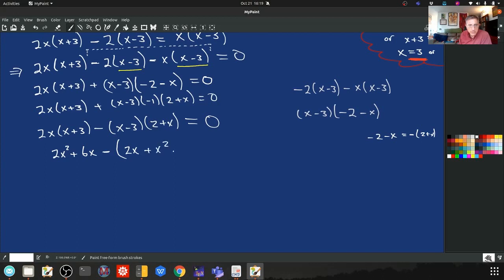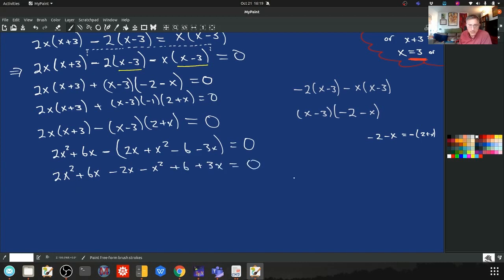Minus 3 times 2 is minus 6. And minus 3 times x is minus 3x. So I have 2x squared plus 6x minus 2x minus x squared plus 6 plus 3x is equal to 0.